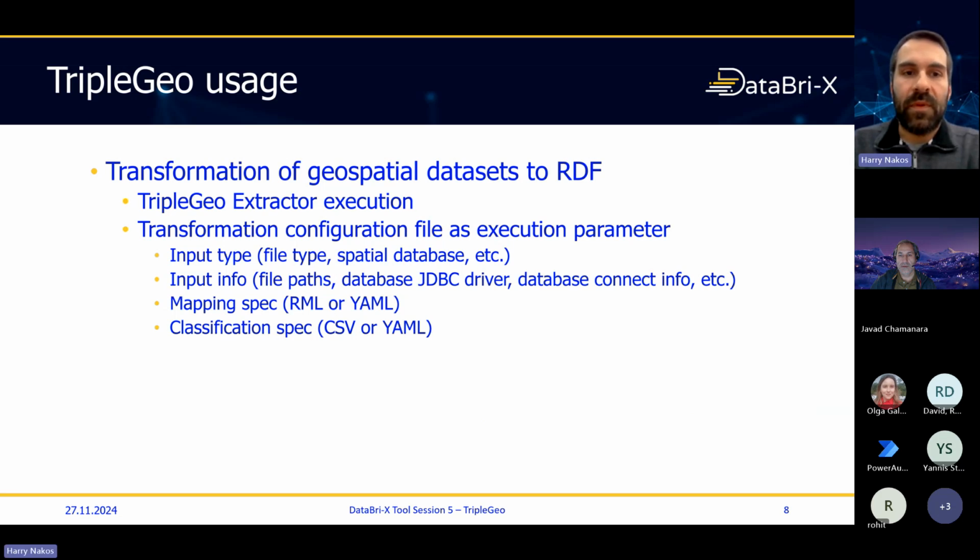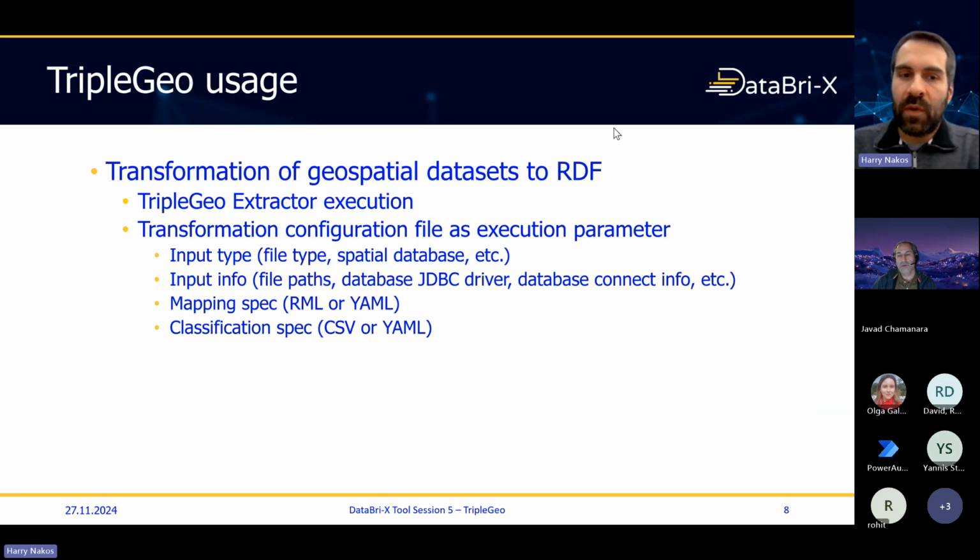The input type is defined in the configuration file, the exact file type or the spatial database type. Then, depending on this value, the input info is provided: file paths when a file type has been defined, the driver for the database if a database is used, and the database credentials to use.